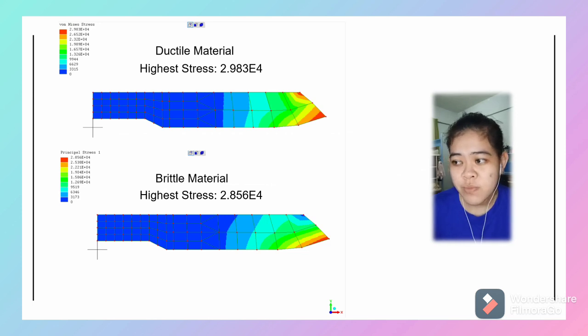As a comparison between the ductile material and the brittle material, the highest stress occurs in the ductile material, and the slightly lower high stress occurs in the brittle material.